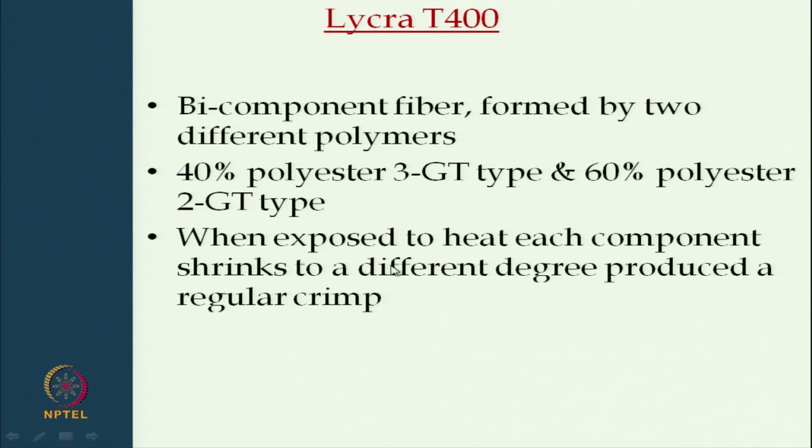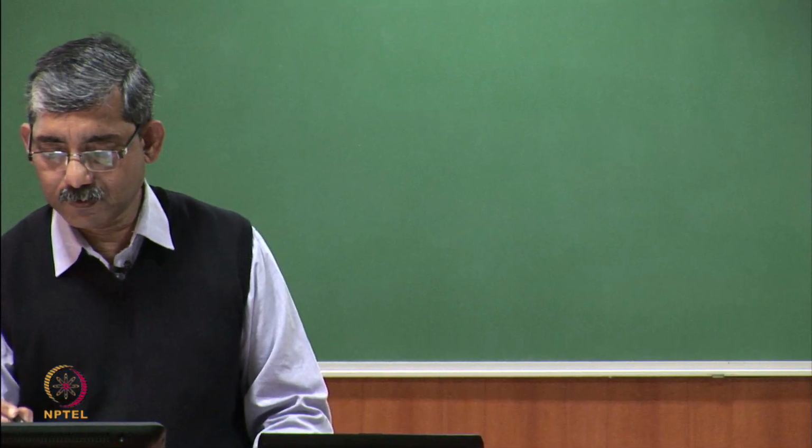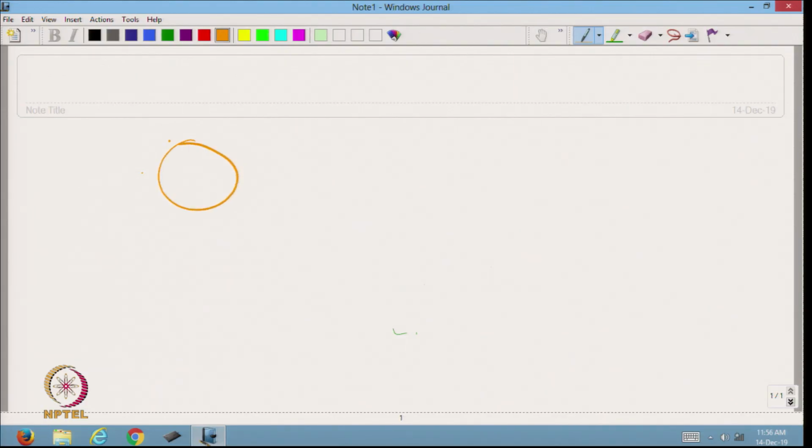When exposed to heat, each component shrinks at a different degree, which produces the crimp. So, the phenomenon is that suppose this is the fiber, it is bicomponent, suppose this is one component, here is another component.